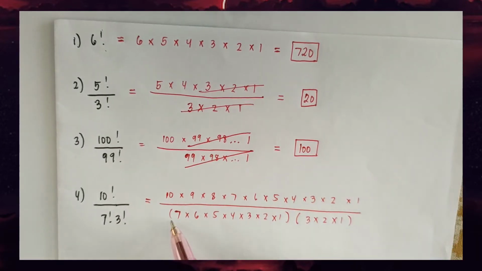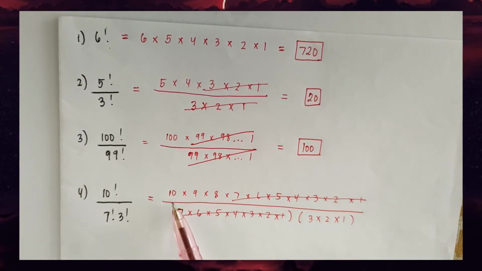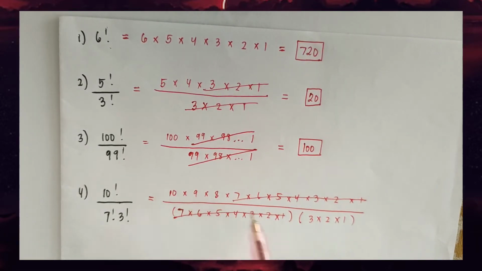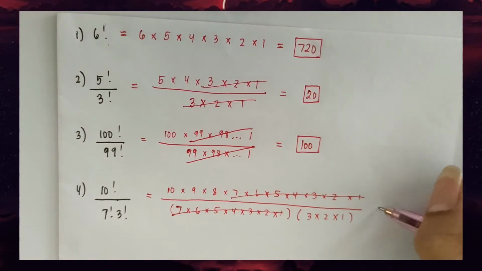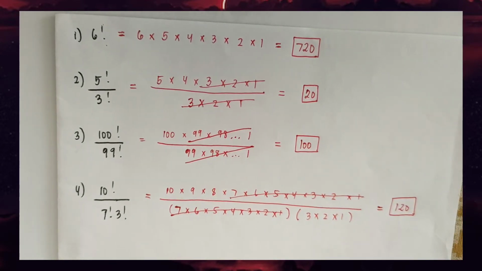All the way from 7 to 1 is cancelled, and what's left is 10 times 9 times 8 divided by 3 times 2 times 1, and that is equal to 120. So that is the concept of factorial.